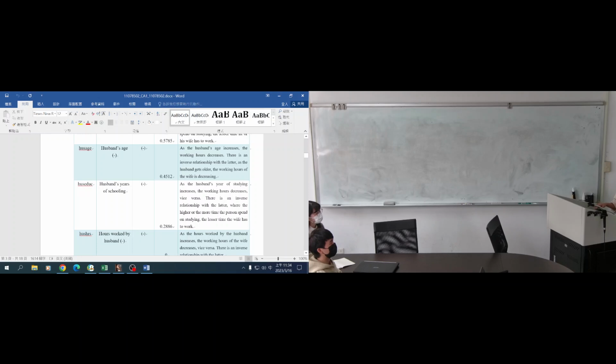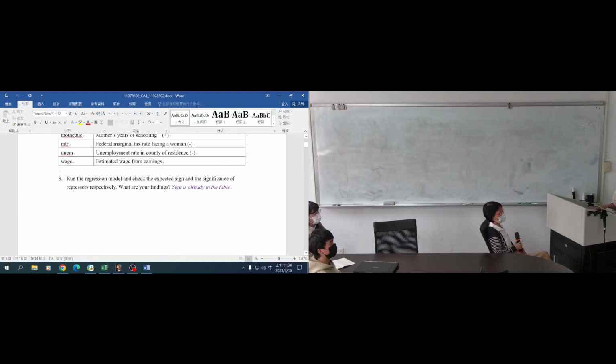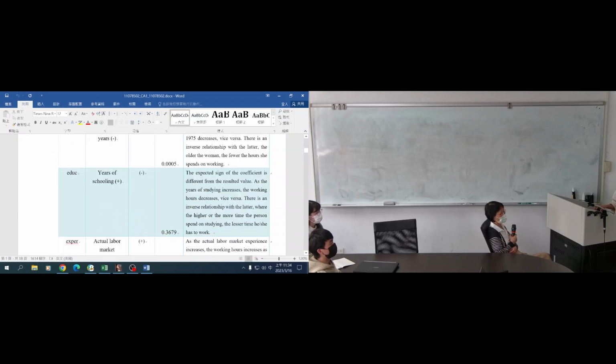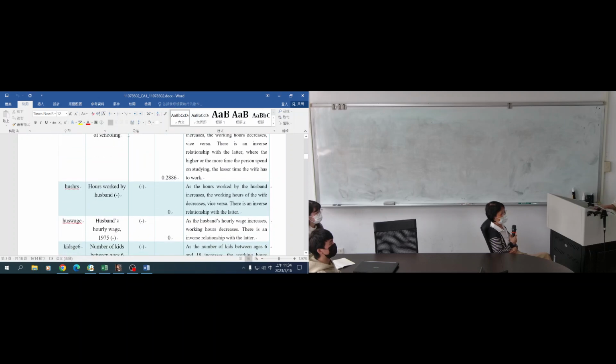And then for the husband's age, we got the same sign. For the husband's years of schooling, there's no sign on the table. For the hours worked by the husband, the expected sign and the resulted sign are also the same.